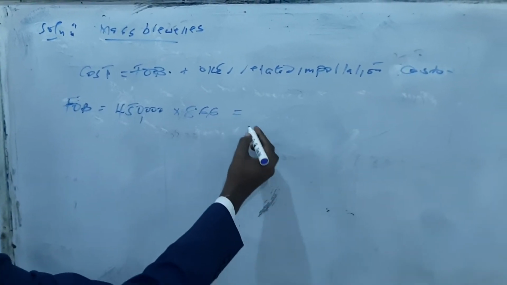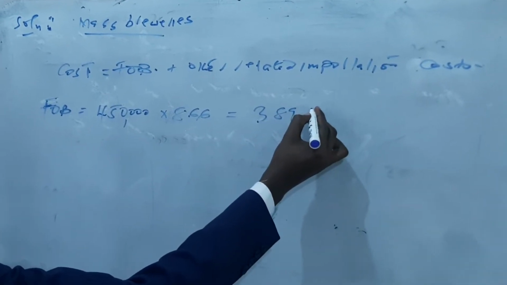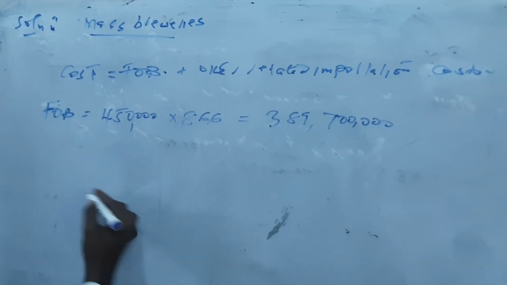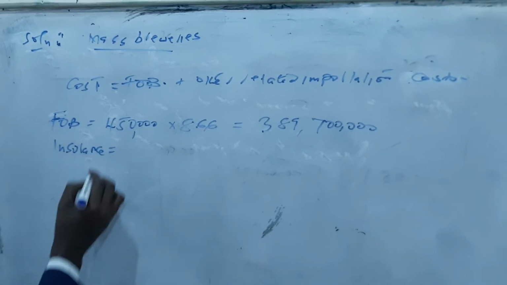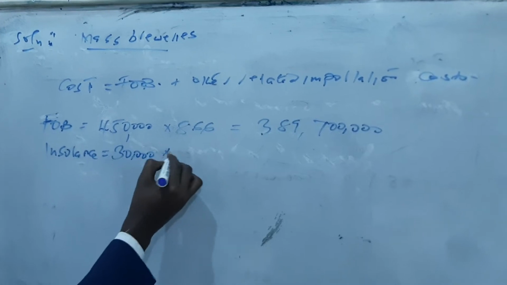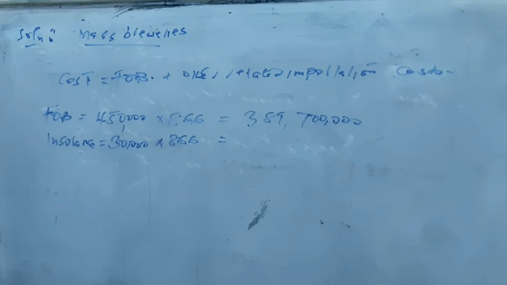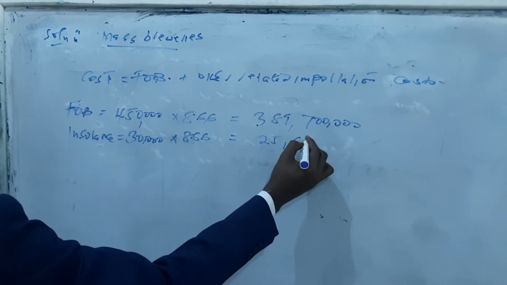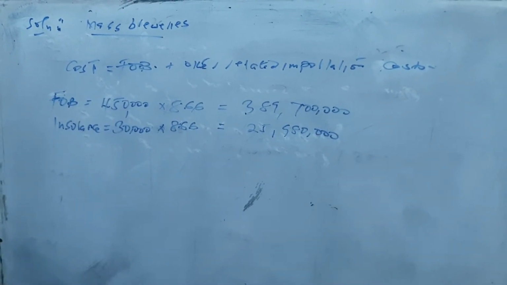And then we get 389,700,000. The insurance costs were also in there, which is 30,000. So 30,000 times 866, so that we can get the figure in Rwanda francs. It's equivalent to 25 million.